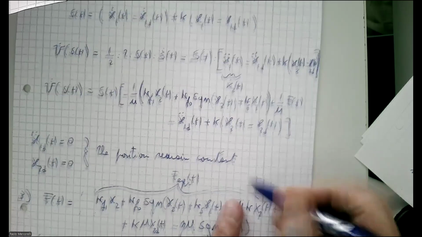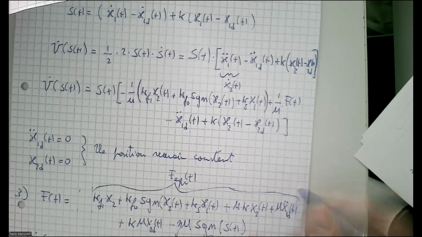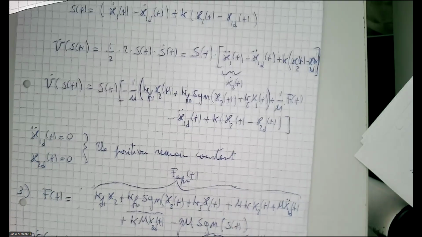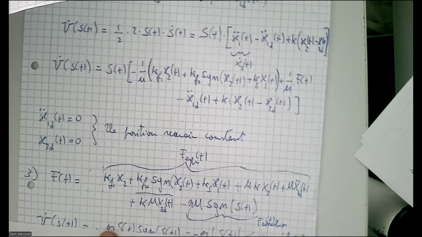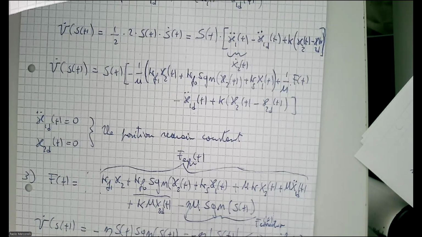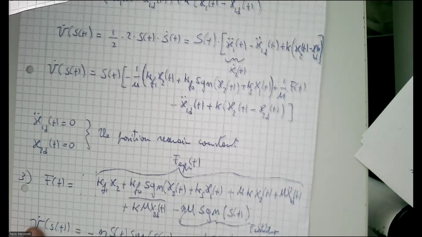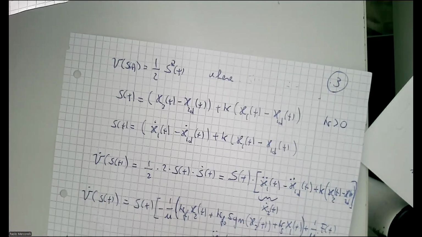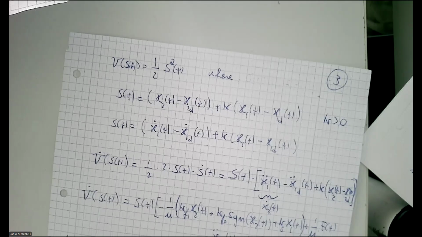Excuse me for the error. The equivalent part also includes this part and this part, because you have to compensate this one too. It seems to be correct now, plus the corrective part, or the switching part. Again, without this, I guarantee that once I am on the surface, I will remain there, thanks to this choice of sliding surface with a differential equation of order one, because we have two states.